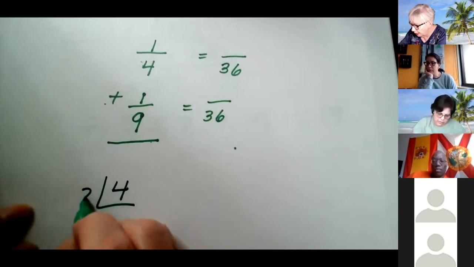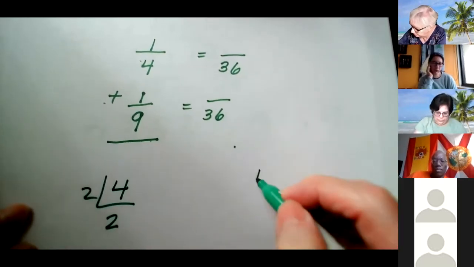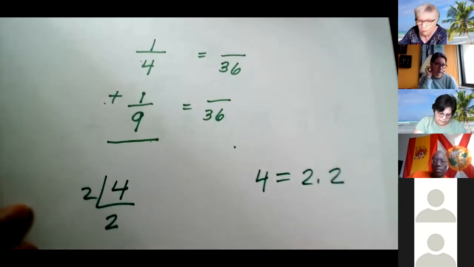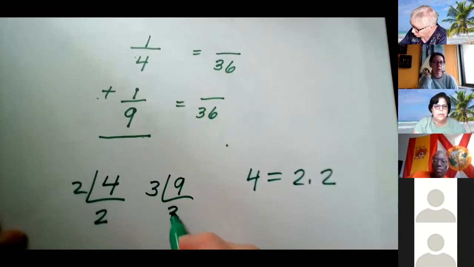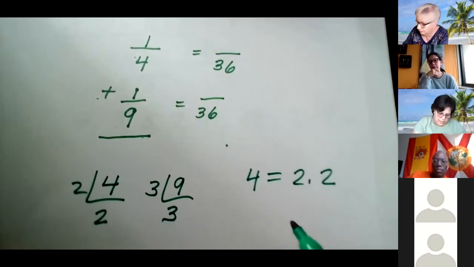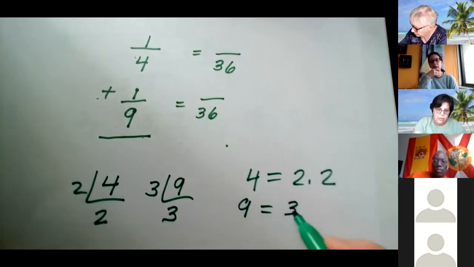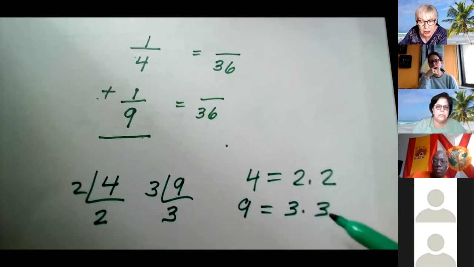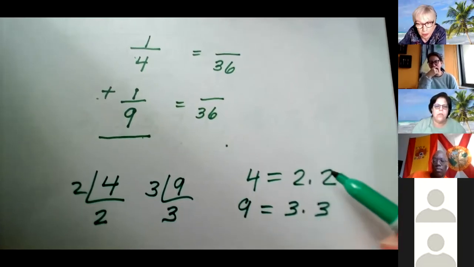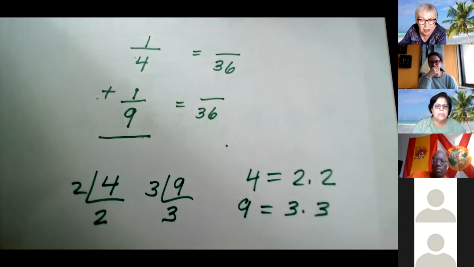And 9 is actually made up of 3 times 3. Do they have anything in common? Do they both have a pair of 2s or some 2s or 3s? They don't. They have nothing in common.